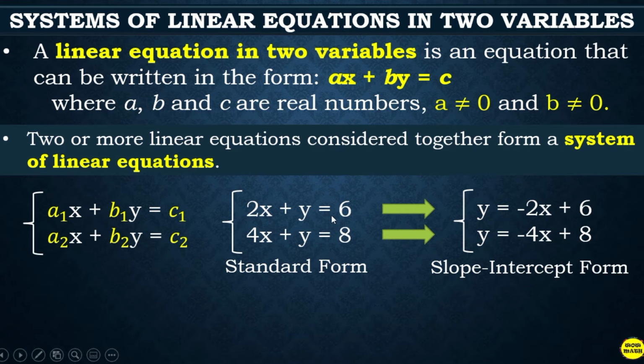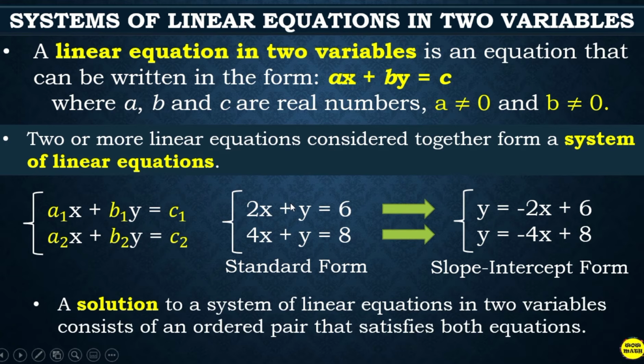Kahit ano pa man dyan, basta magkasama sila, they are together, then these are considered system of linear equations. So, balikan natin yung concept ng linear equation. Pag sinabi nating linear equation, it's just one equation. Pag sinabi nating system of linear equations, you now have two or more linear equations.